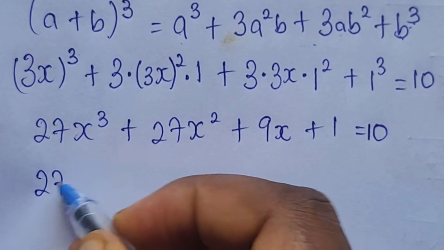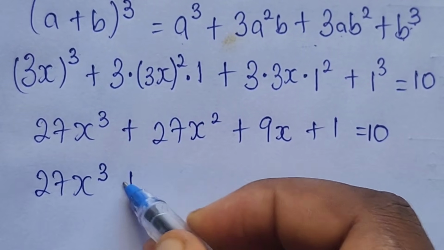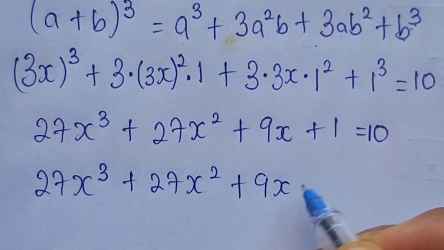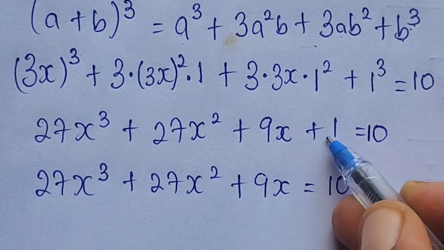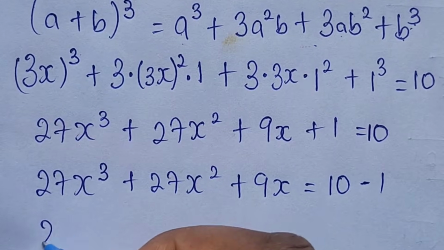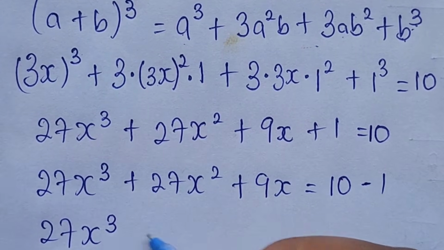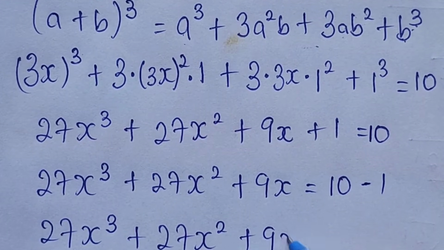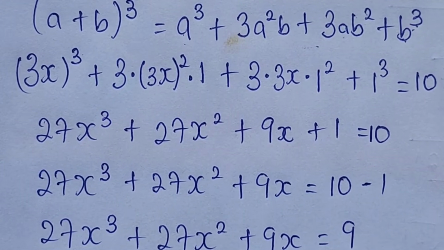So we have 27x to the power of 3 plus 27x squared plus 9x is equal to 10. Our positive 1 moving over becomes minus 1. So we have 27x cubed plus 27x squared plus 9x is equal to 9.